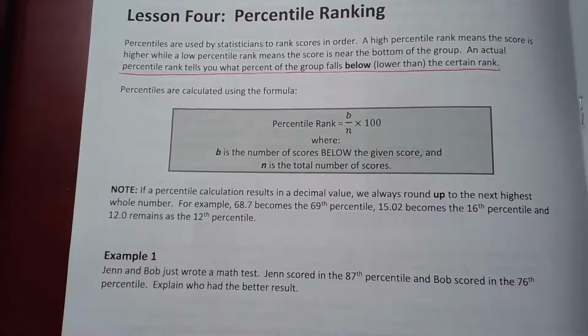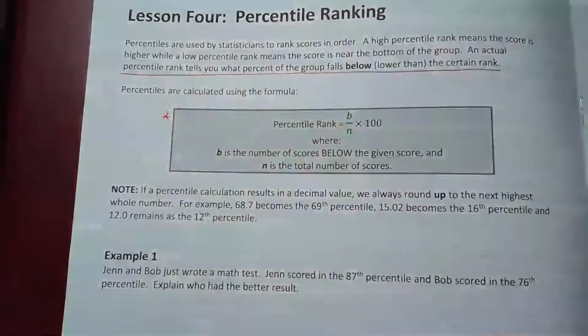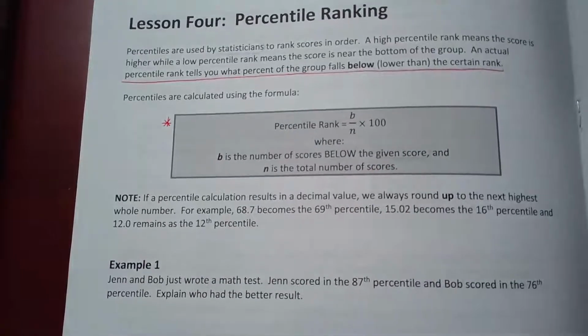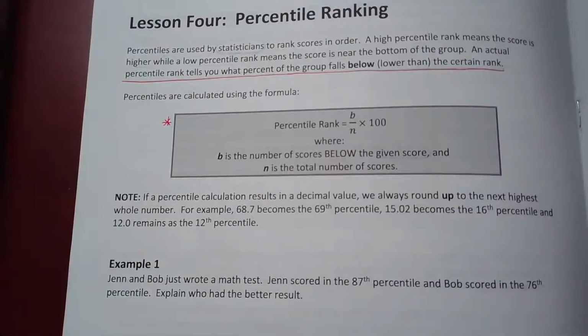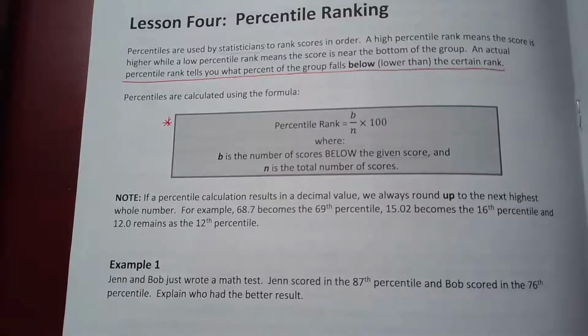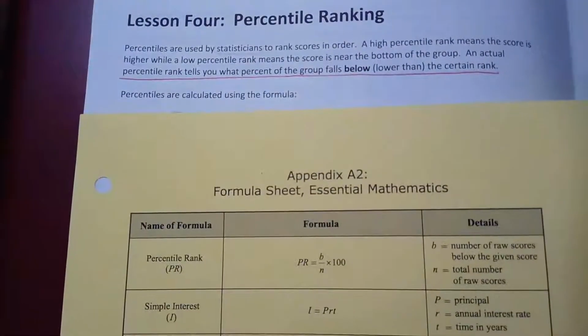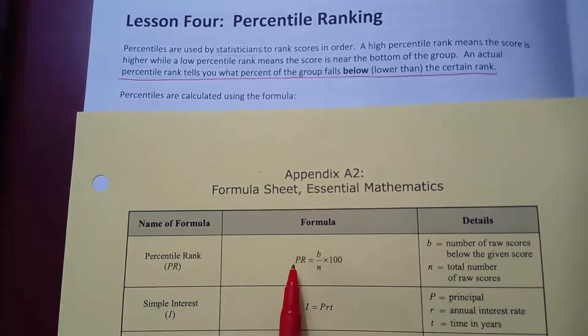Note, I'm going to put a star beside it, because that's important in terms of our formula. I know that I gave you a formula sheet last time. That same formula is actually on your formula sheet.